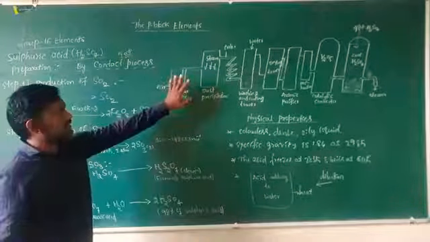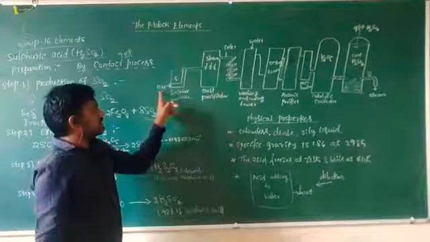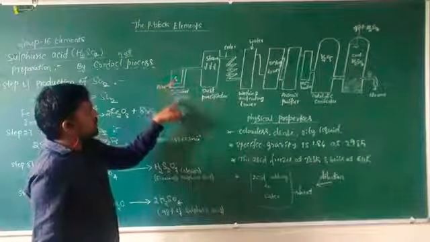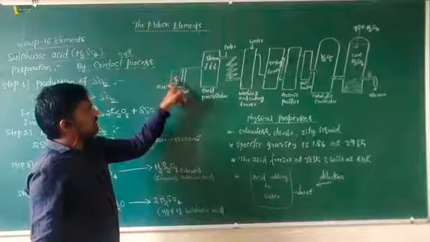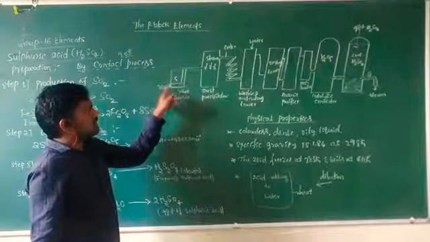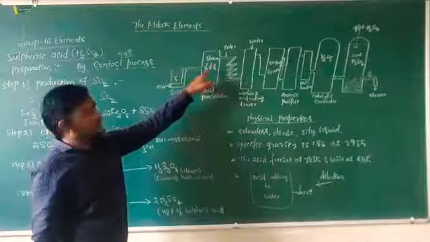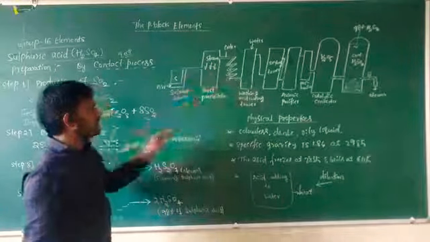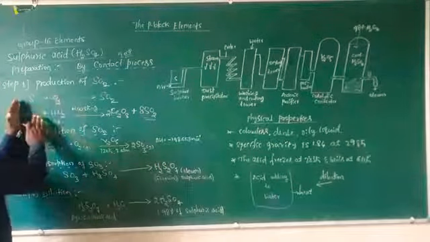This is step 1. It is a flow chart for the manufacturing of sulfuric acid by the contact process. Passing air to the sulfur powder, it burns; sulfur reacts with oxygen and converts into sulfur dioxide. This is the reaction when sulfur reacts with oxygen.